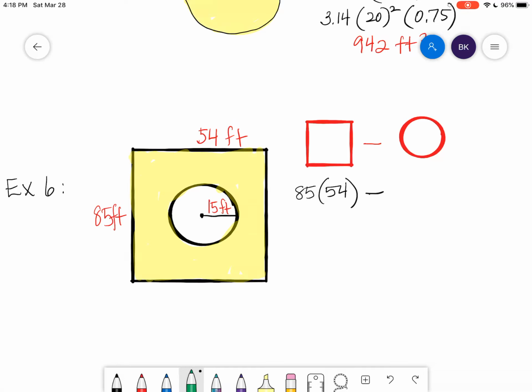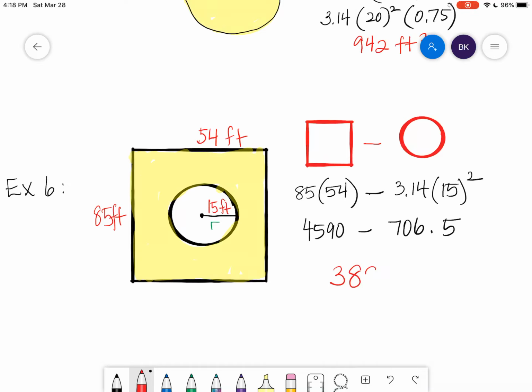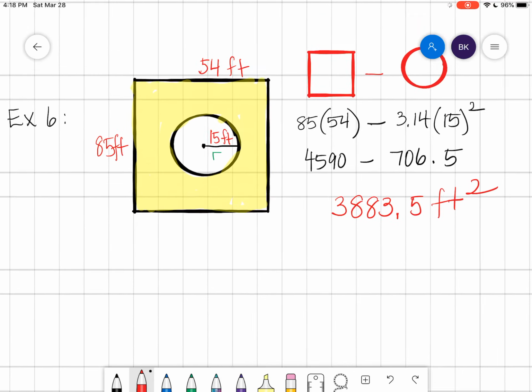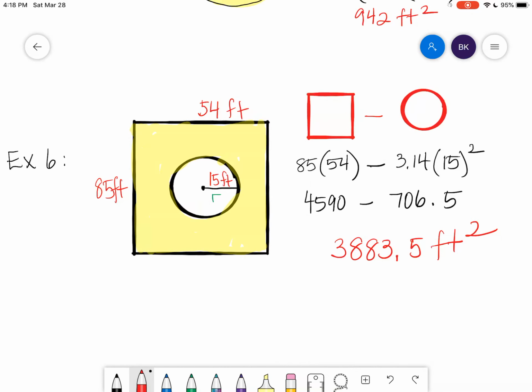We have our radius given to us, so I'm going to take 3.14 multiplied by a radius, which is 15 squared. Let's quickly multiply. 4590 minus 706.5, and your answer should be 3,883.5 feet squared.